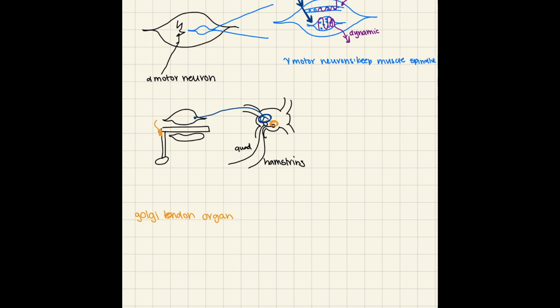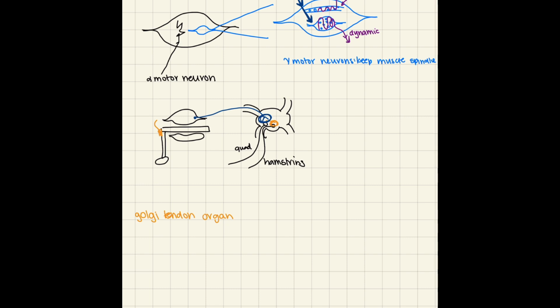And when that becomes too far stretched, the Golgi tendon organ reflex will take over, and it will tell your muscle to stop contracting or to stop stretching, because you're going to put too much pressure on the tendon, or too much pressure on the bone, because we have enough muscle strength that we could pull our tendon off of our bone.